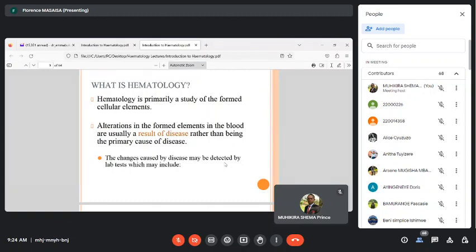So that is mostly the manifestation of alteration of hematological parameter.